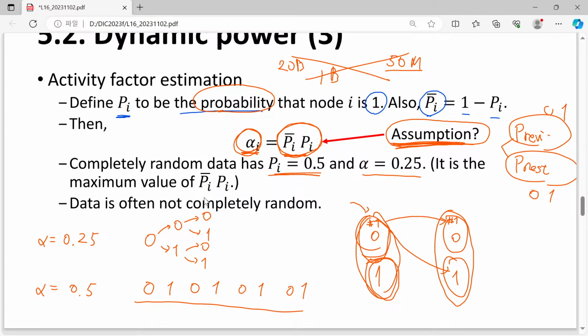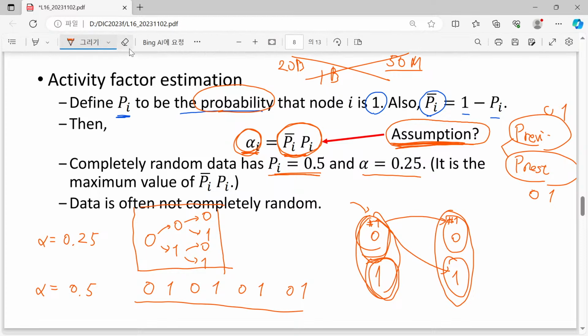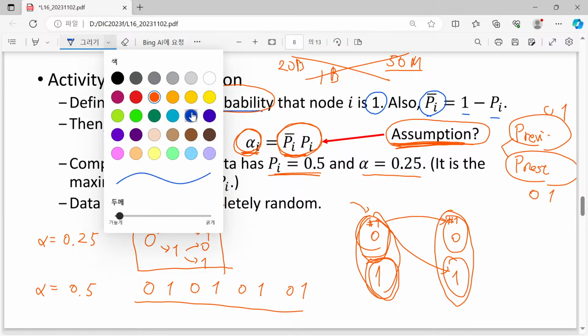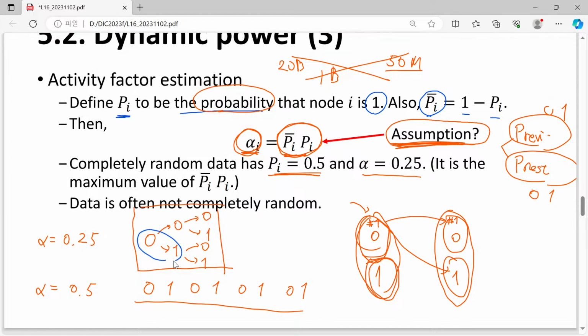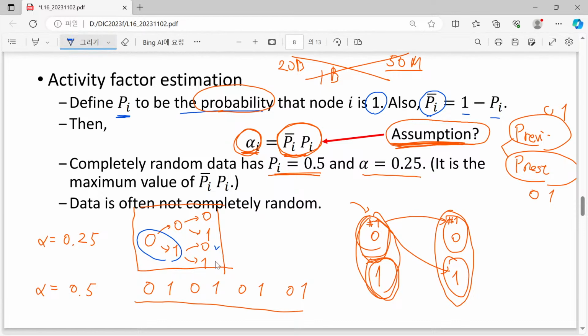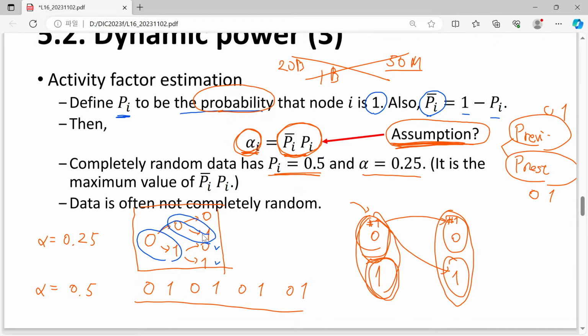So now we can see that when we consider just a two-period transition, how many 0 to 1 transitions occur. We know that here the 0 to 1 transition occurs once, so they are all related to this one, and this path has a 0 to 1 transition.